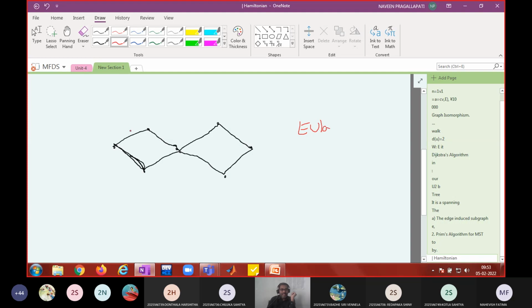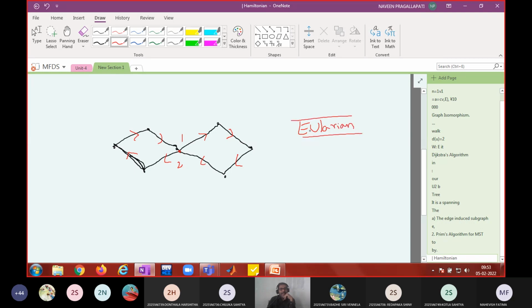In that covering, I may visit a vertex more than one time. You see, already visited one time. Now, if I want to come to this, I am visiting this vertex a second time. It doesn't matter. I want to visit each edge only one time, so that is possible. So this is Eulerian. I agree.